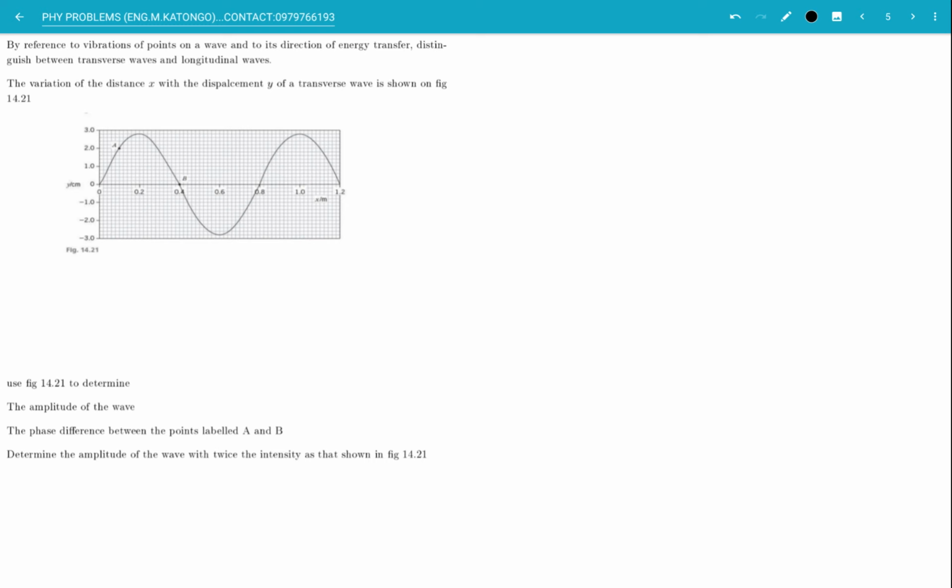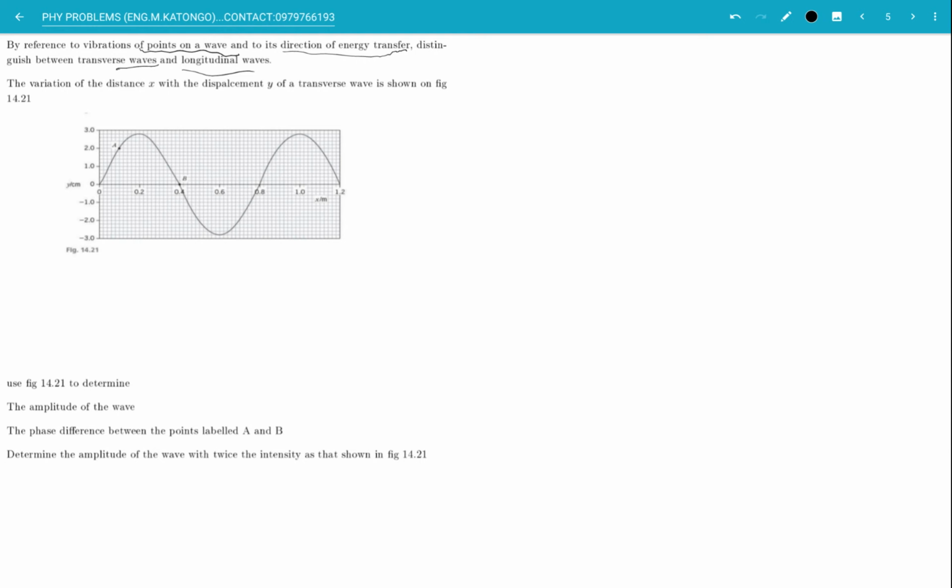Let's get to it. By reference to vibrations of points on a wave and to its direction of energy transfer, distinguish between transverse waves and longitudinal waves.